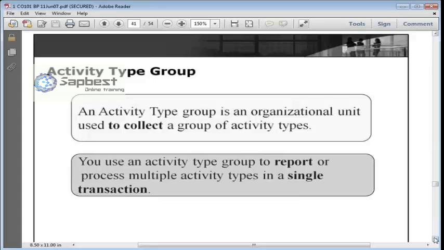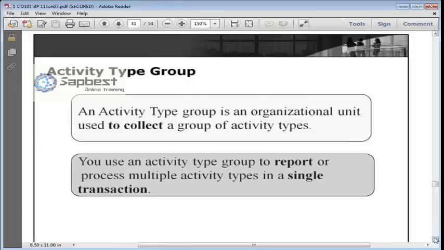You can also have activity type groups. Just like the cost center groups, you can have higher-level activity type groups. You can put electricity repair, fitting a bulb, doing wiring, or installing an electric circuit, all in a group called electric services, something like that.